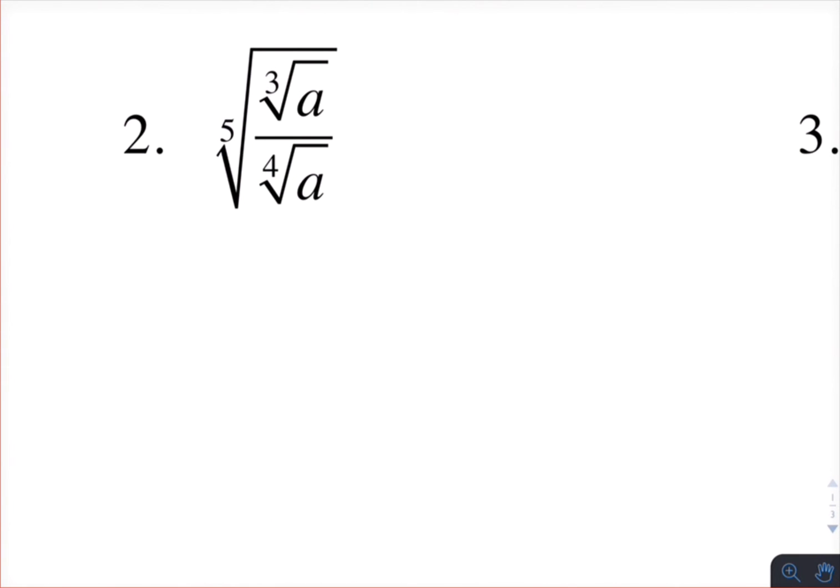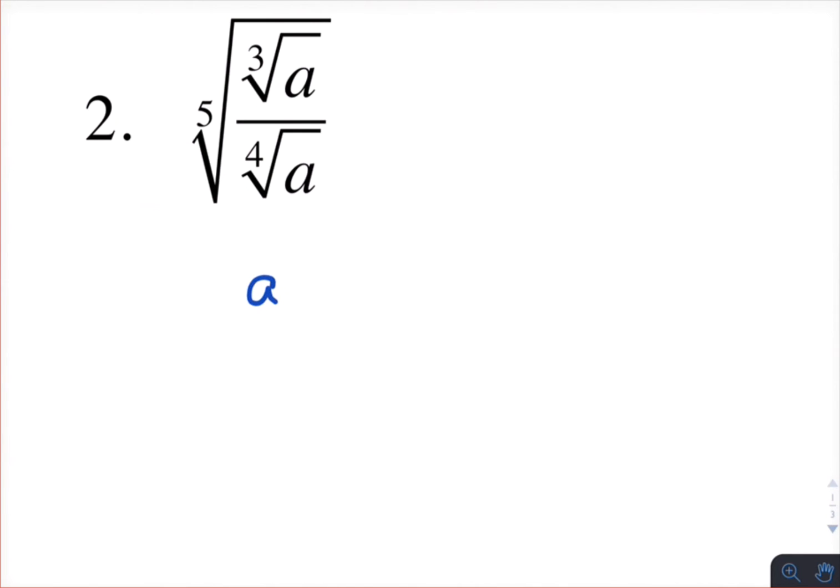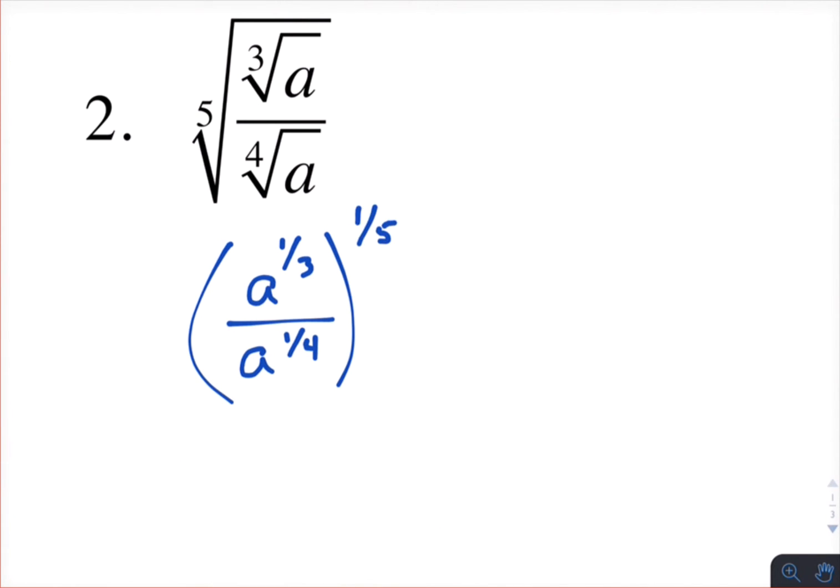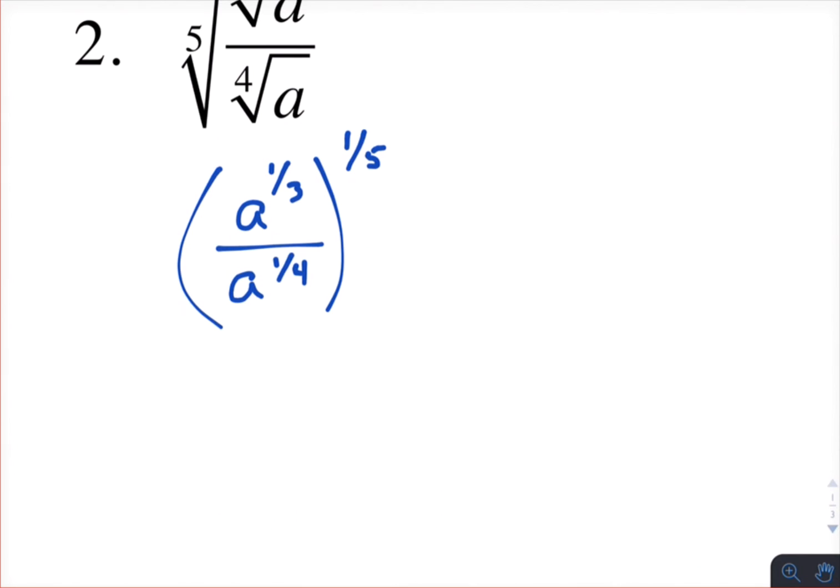All right, so we've got roots over roots inside a root. So a to the 1/3 over a to the 1/4, and all of that is raised to the 1/5. So this is a to the 1/15 over a to the 1/20, because again, when we're raising to a power, we multiply exponents.